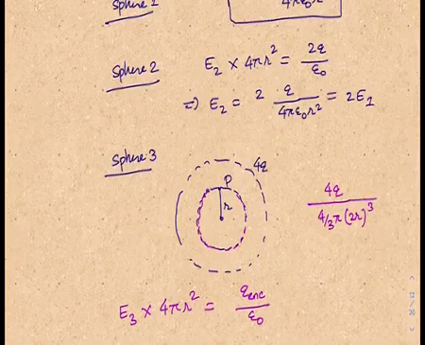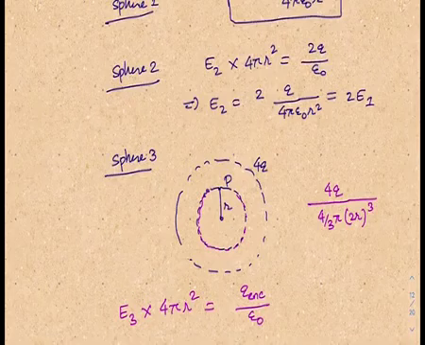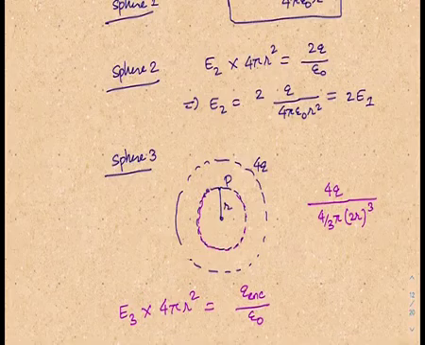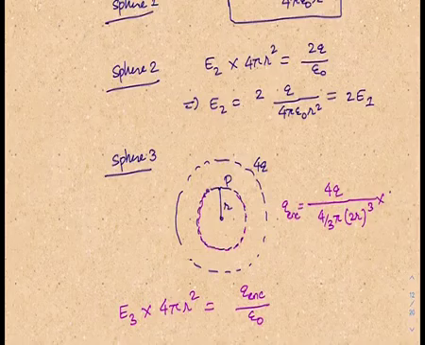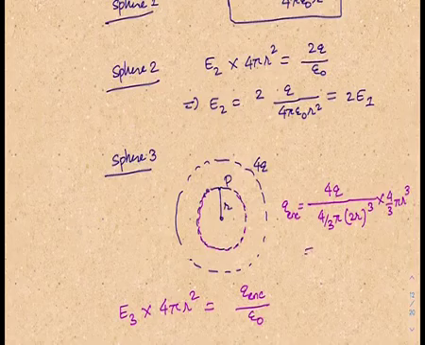That's the charge per unit volume. The Gaussian sphere has volume 4 by 3 pi r cube, so Q enclosed is the charge per unit volume times the Gaussian sphere volume. If you work it out, you will see that this turns out to be simply q by 2.